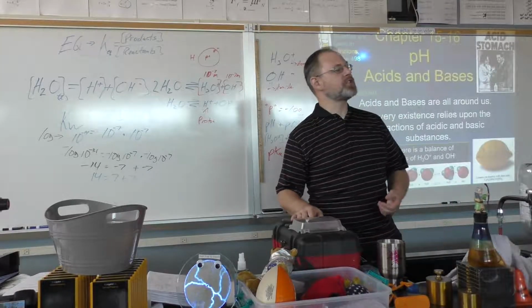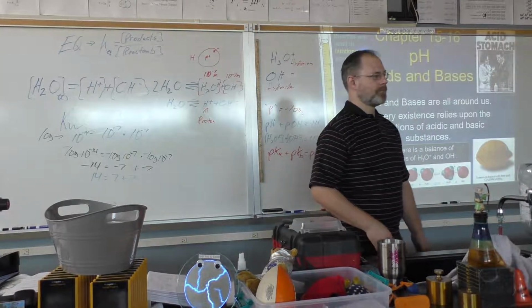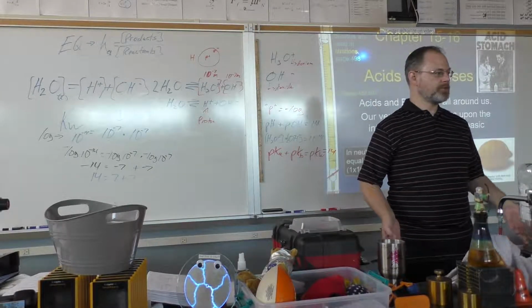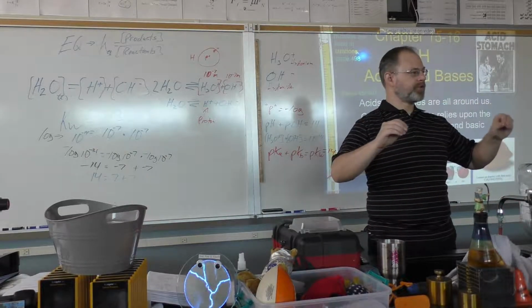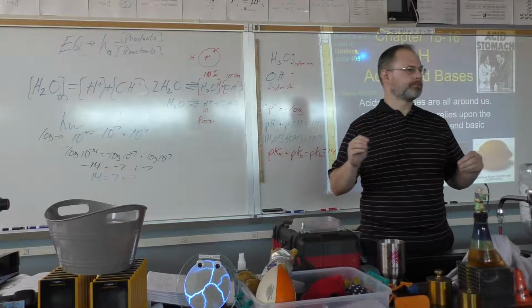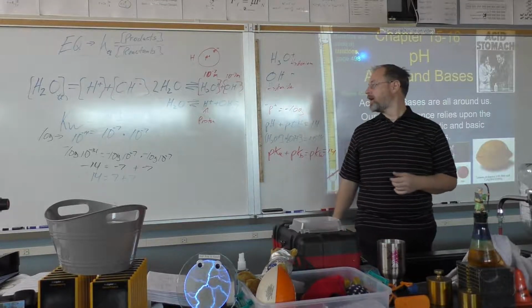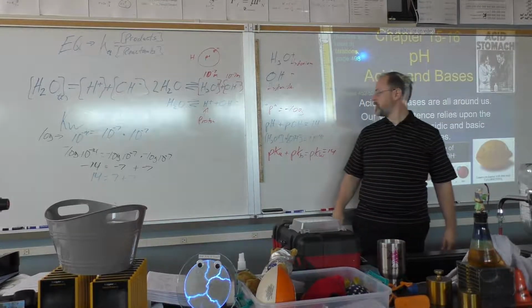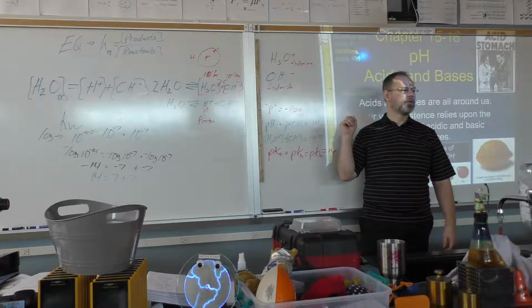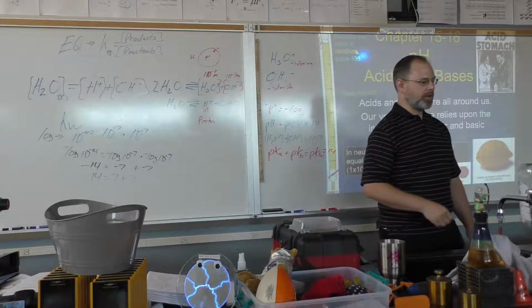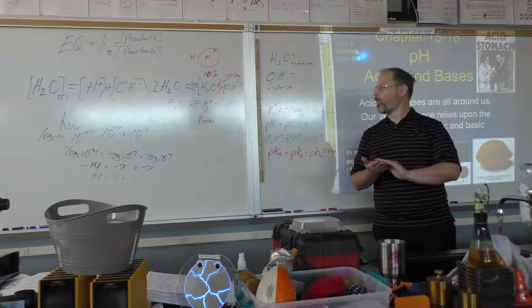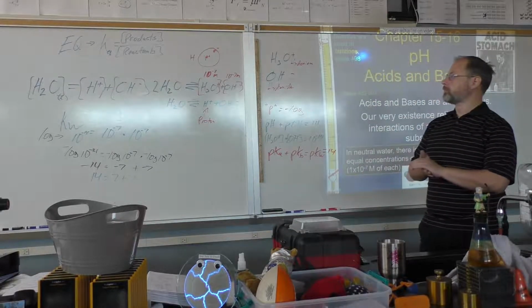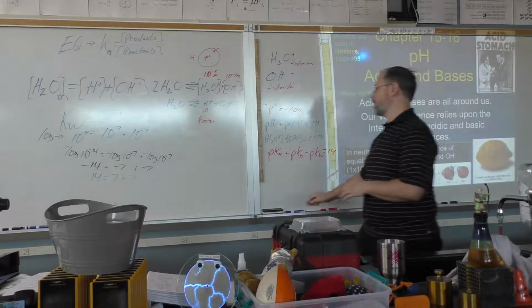So auto-ionization is what happens when water breaks into its hydronium and hydroxide ions. The value of the auto-ionization constant, Kw, is 10 to the negative 14, and pKw is 14.